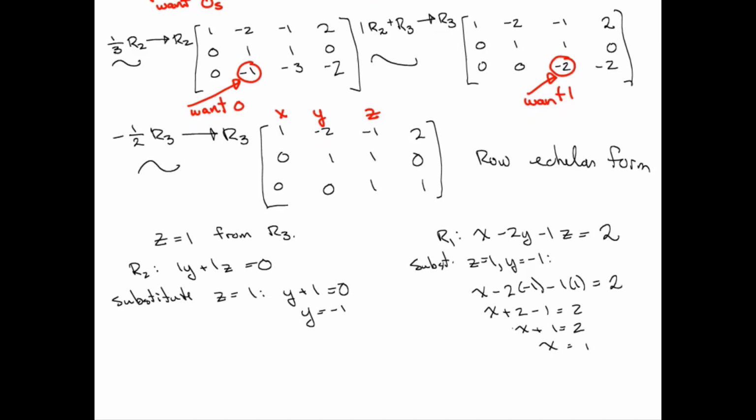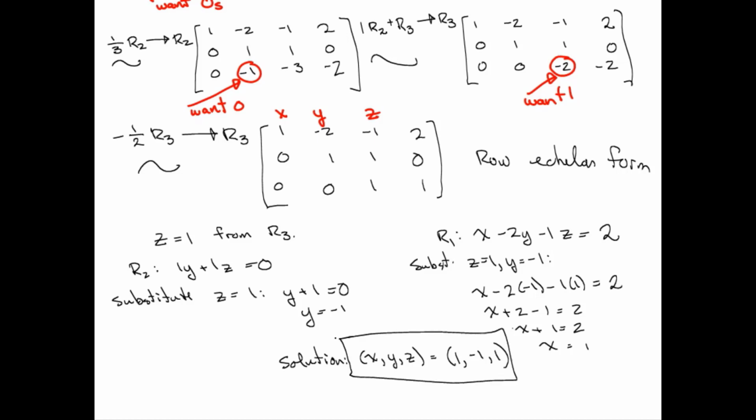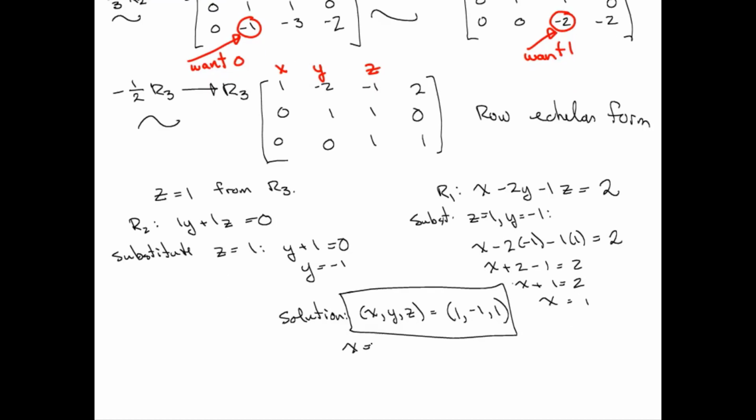And so now we want to write our answer. You could write it as x, y, z as an ordered triple. So that gives me 1, -1, and 1. And this is fine. Or alternatively, you could write x equals 1, y equals -1, z equals 1.